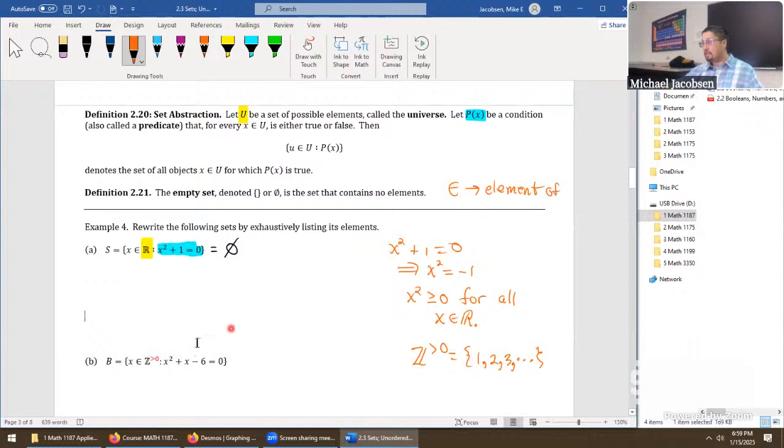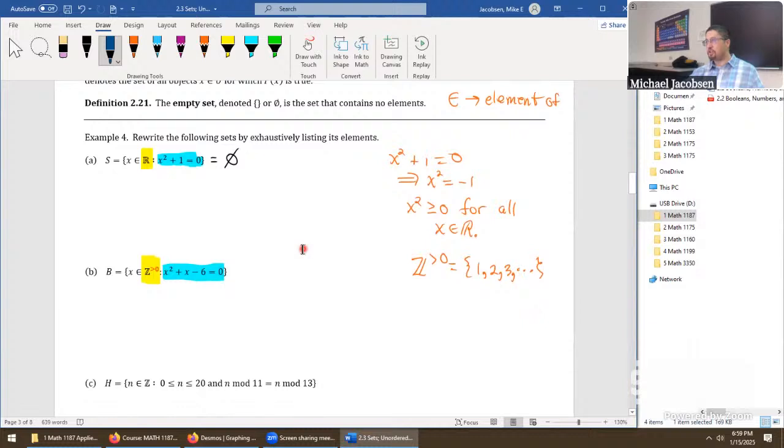So this set has a universe, Z greater than 0, so it's playing the role of all possible elements that we can throw into this set. Our condition is that x squared plus x minus 6 has to be 0. But this just turns into a little bit of algebra, so that's kind of a fun algebraic review.